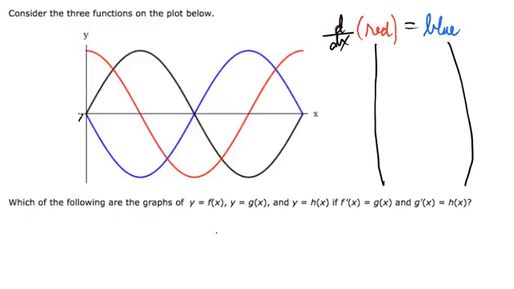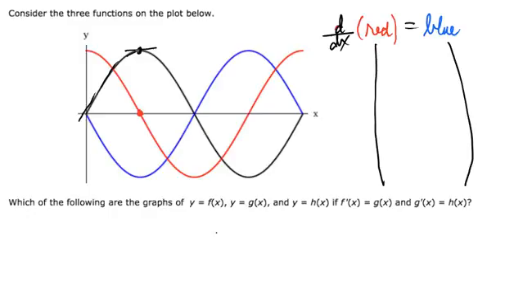The black function here is increasing, so its derivative, excuse me, is positive. Right here, the black function has a horizontal tangent, so its derivative equals 0. So it makes sense that the red function might be the derivative of the black function because it is above the x-axis, or positive, here where the slopes of the tangent lines to the black function are positive.